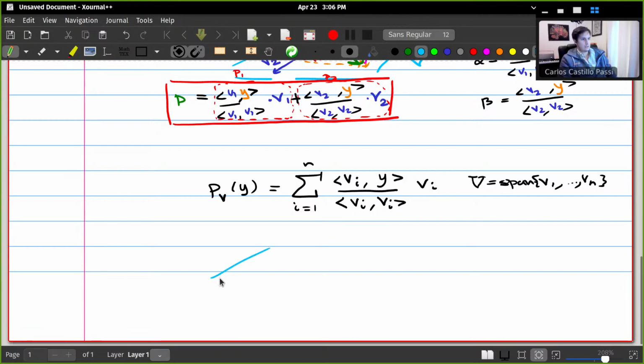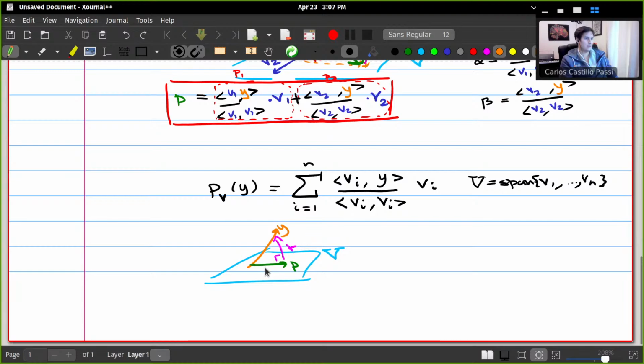Because if we have a space V with n dimensions, and we have our vector y, and also P and R, if the length of R wasn't the smallest one possible, that would mean that the vector R would be a little bit tilted, and therefore the projection would not be orthogonal.